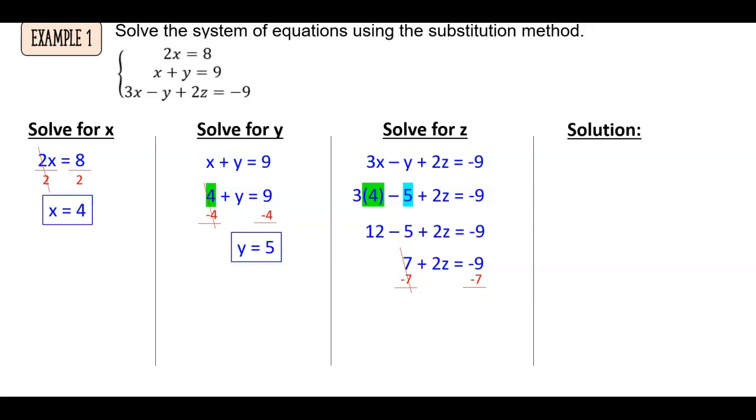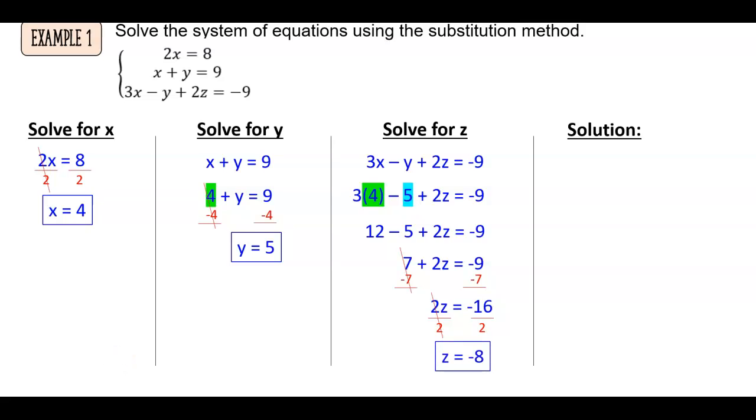Negative 16, so we bring down, 2z equals negative 16. Last step to get rid of that 2. Divide, and I get, what's negative 16 divided by 2? Negative 8. Okay, thank you. Because negative 16 divided by 2 is negative 8.